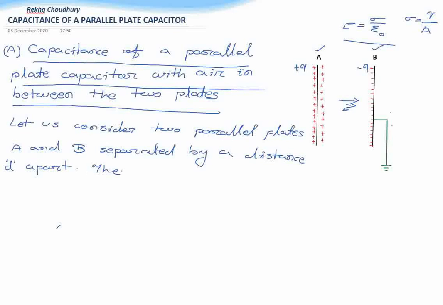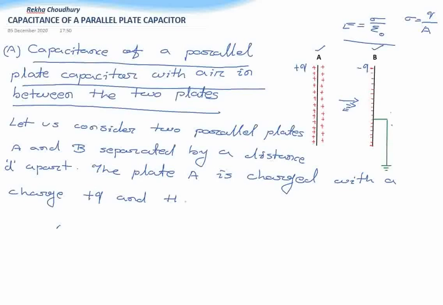Plate A is charged with a charge plus Q, and the plate B is earthed.